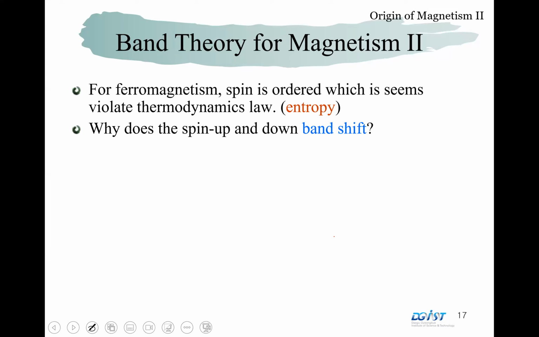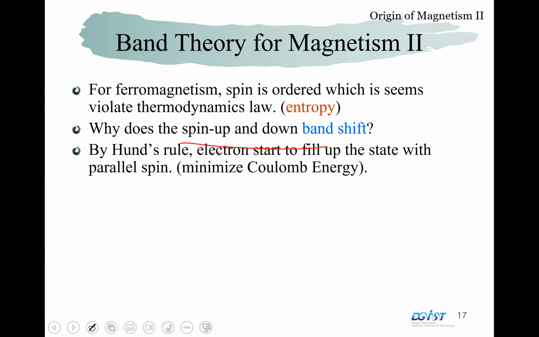Okay, and why are the spin up and down bands shifted? According to Hund's rule, electrons start to fill up the states with parallel spins to minimize the Coulomb energy.